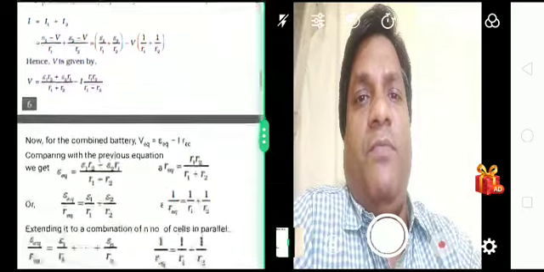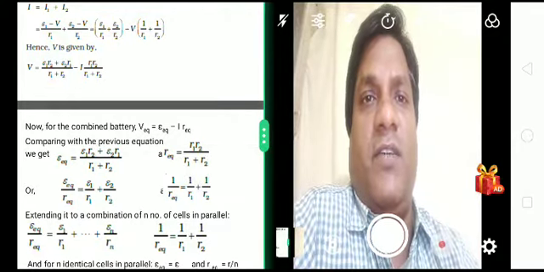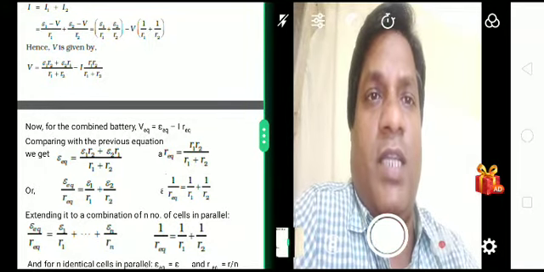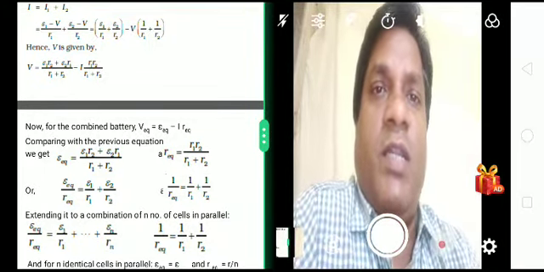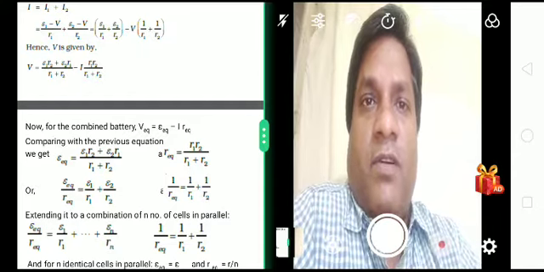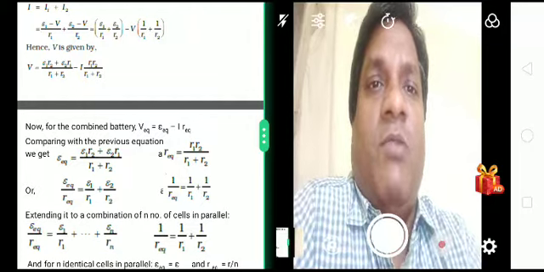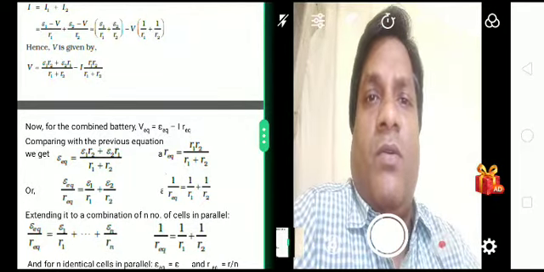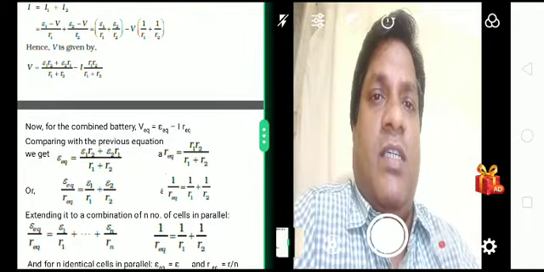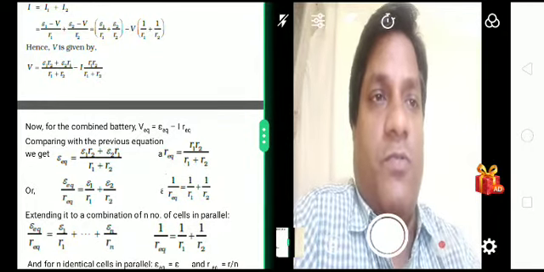Now if you compare this equation with the equation of the battery, that is equivalent potential difference V is equal to equivalent EMF minus current into equivalent resistance, then we see that the equivalent EMF comes to be equal to E1 R2 plus E2 R1 by R1 plus R2, or the equivalent EMF by equivalent internal resistance is equal to E1 by R1 plus E2 by R2.